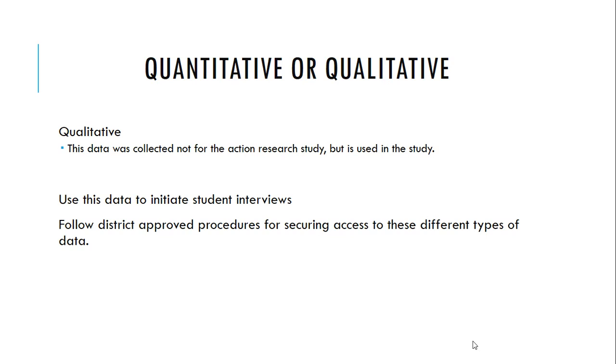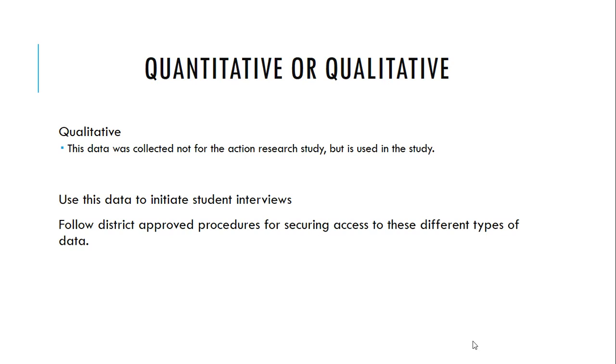So usually you would find this through some type of records or looking at previous information from the students or the school, and that you're able to use it in the study to answer specific questions that have to do with exactly what is going on.